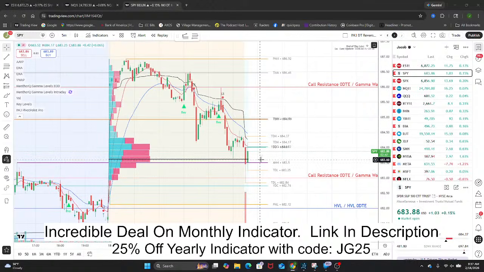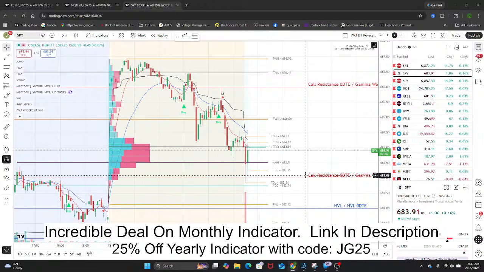They're trying to hold down here. They've held barely. They got to get some juice going, that's for sure. The bears are just swatting down that 684 zone.